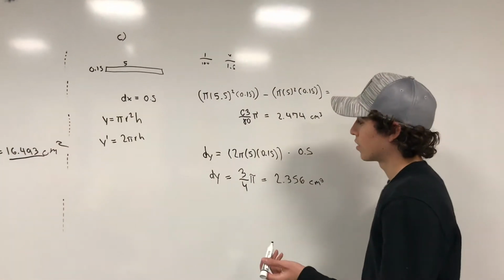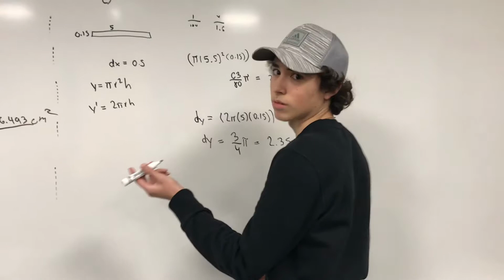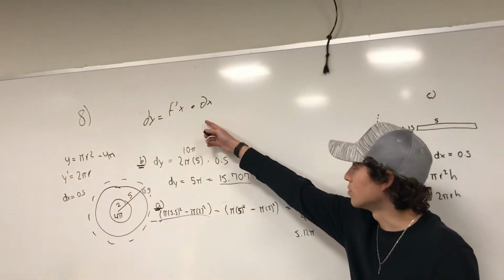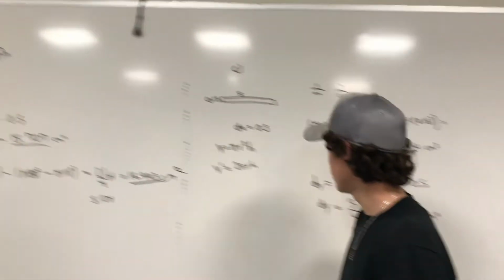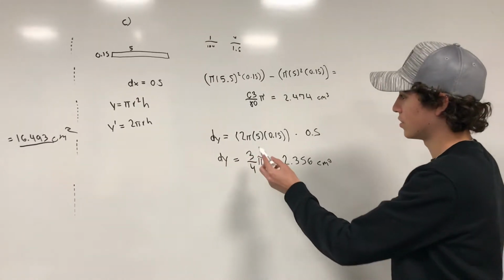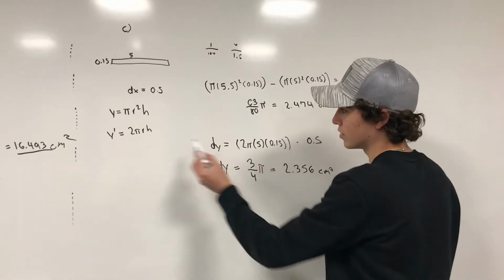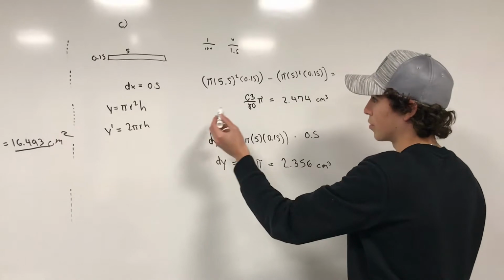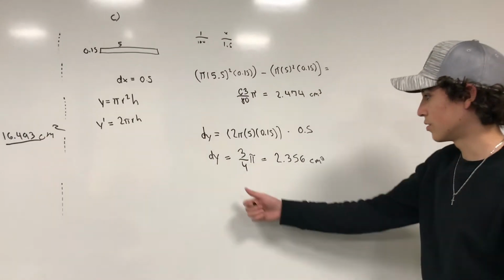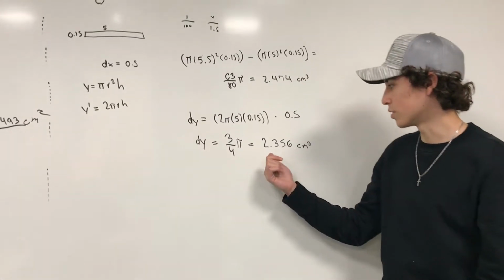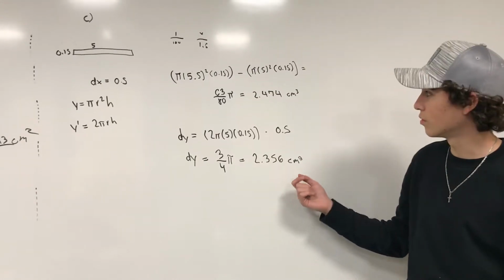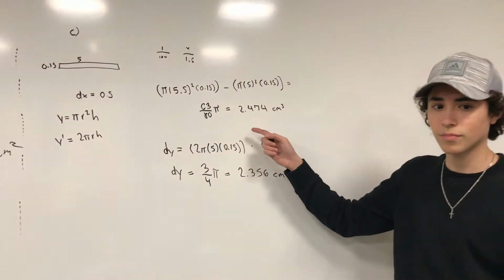And so then we know that, again, the formula for dy is f prime times dx. And so we just plug that in, where f prime of x is this, and dx is 0.5. And the answer is 3 over 4 pi, which comes out to 2.356 centimeters cubed, which is very similar to the other answer.